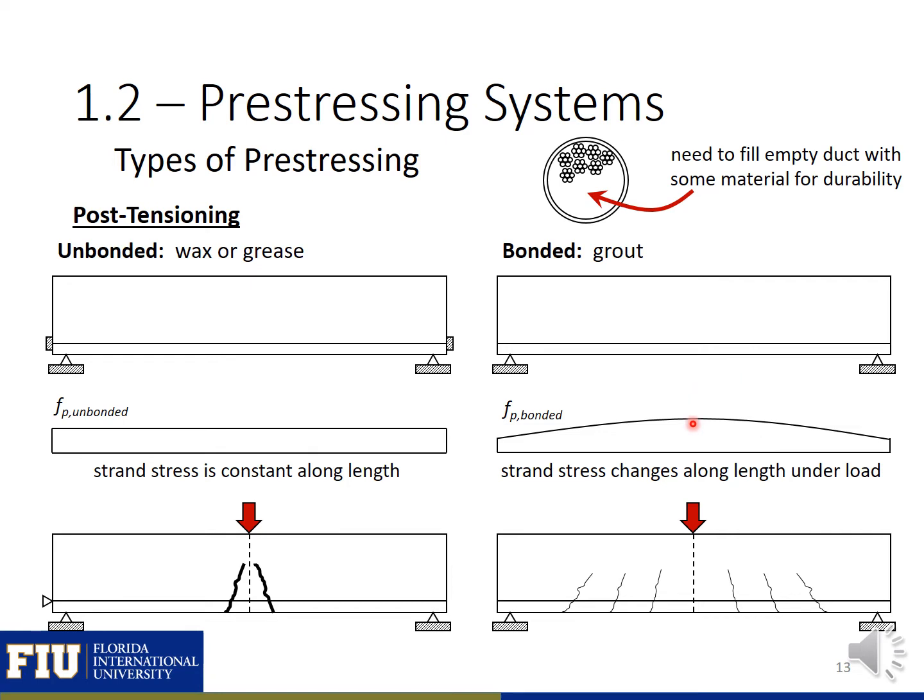So when you apply additional loads in a bonded system, you're going to get a stress in the strand that changes over the length, similar to a pre-stress system, which we'll look at later. So essentially, in a bonded system, when you apply a load past the cracking point, you're going to get distributed cracking along the length. So this is just some differences in behavior between bonded and unbonded systems.